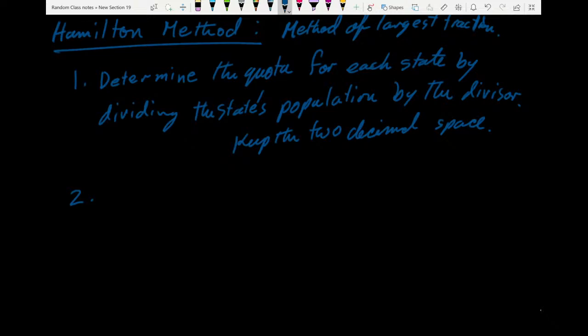Drop the fractional part of the quota, and assign each state the seats shown by the whole number. This is referred to as the automatic seats. And then we have the surplus ones, and the surplus seats go to the states with the highest decimal points.